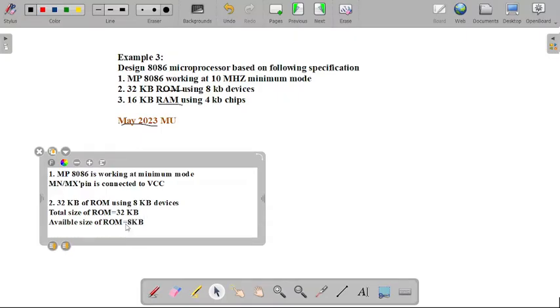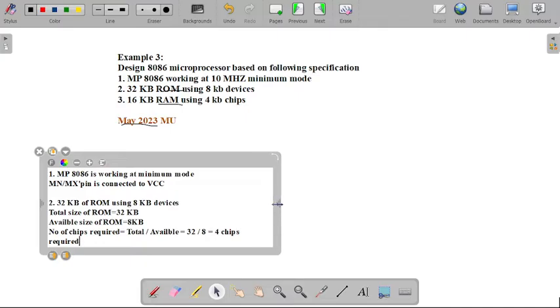So based on those two data, I'm finding here the number of chips that will be required. Number of chips is equal to total divided by available size. So the total size is 32 KB and the available size is 8 KB. So 32 divided by 8 is equal to 4. So 4 chips will be required.